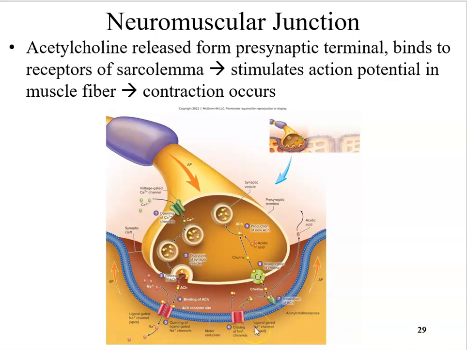To ensure that one stimulus equals one contraction, and muscle cells don't keep being stimulated once we're done, the enzyme acetylcholine esterase breaks down acetylcholine into its component parts, acetic acid and choline. That choline is mostly reabsorbed to make new acetylcholine.